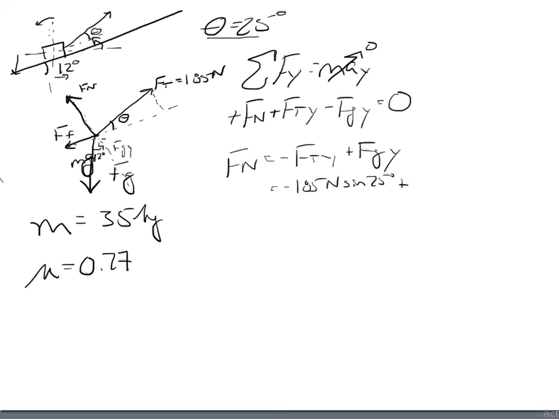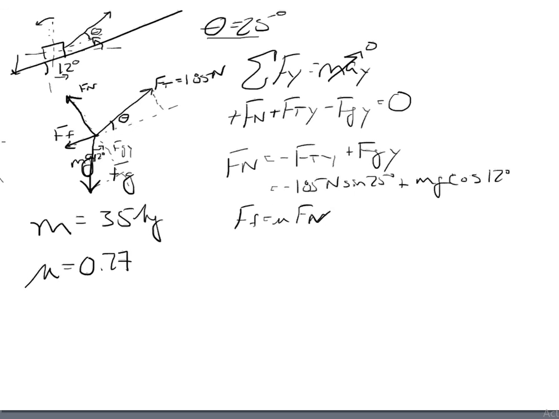So FGY is actually the adjacent part of the new triangle, and thus that needs to be mg cosine of 12 degrees. And you calculate that all out to get force normal. Once you have force normal, you can get force friction simply by taking mu times that number. Don't worry about that right now.